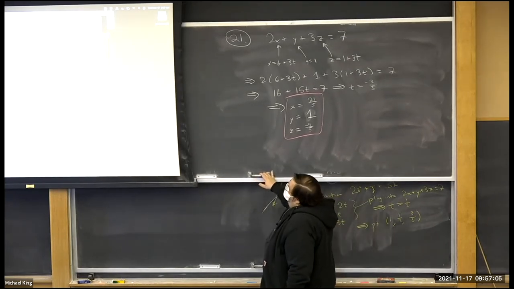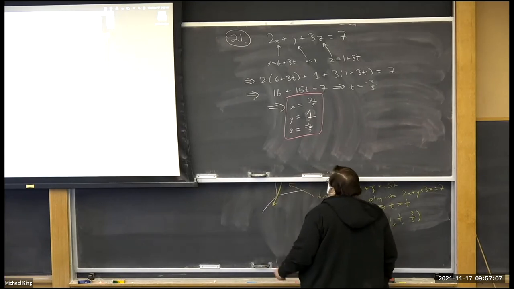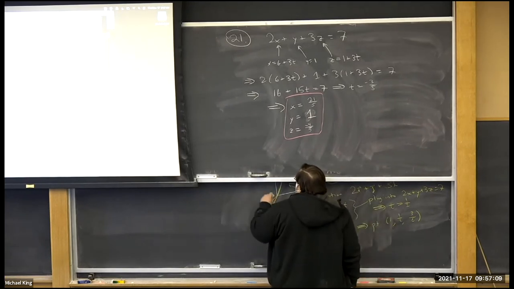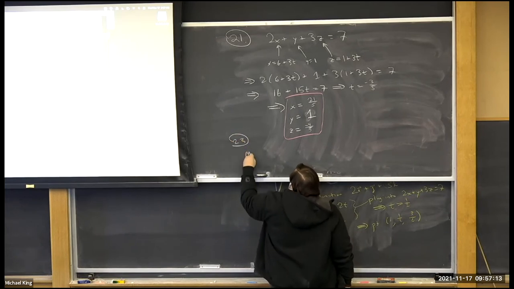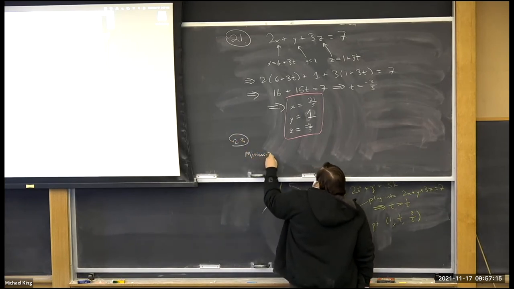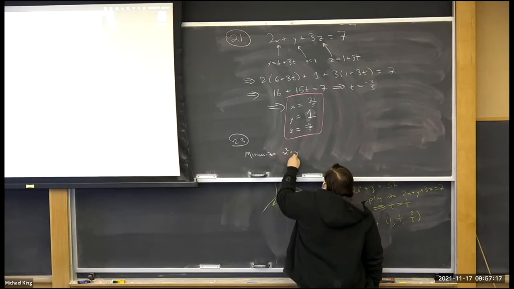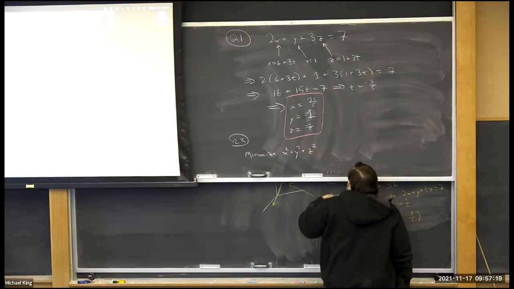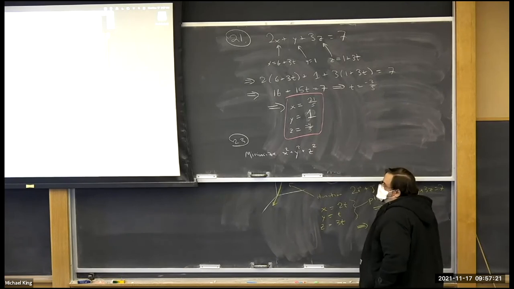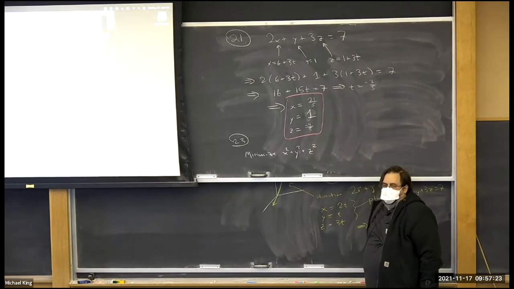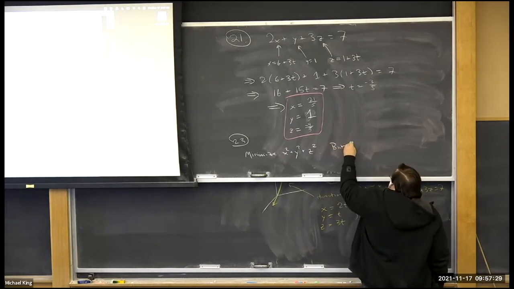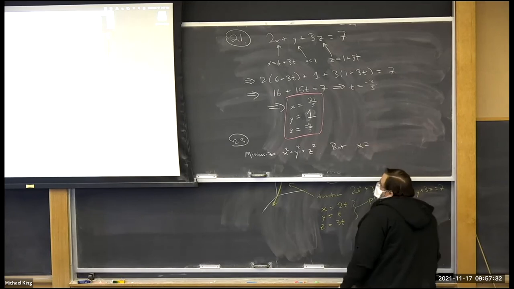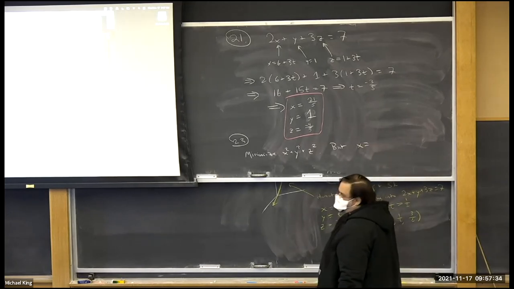Because we have, oh, I erased the equations now, but what was it? So you want to minimize, this is 23. Minimize x squared plus y squared plus z squared. And what were the equations for line L2 again?